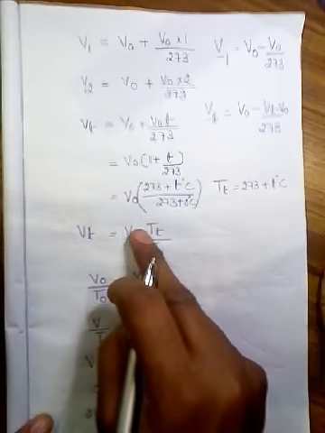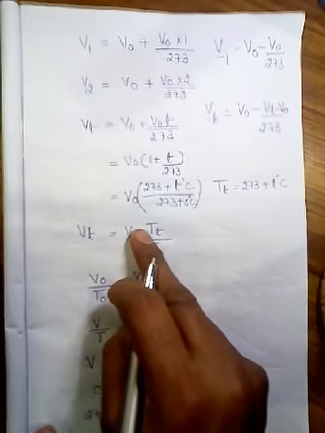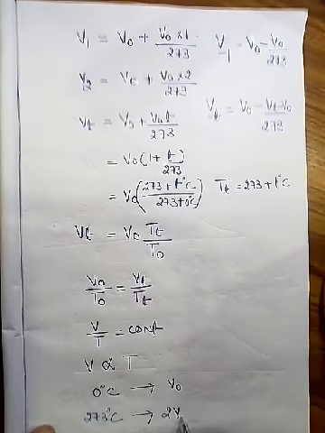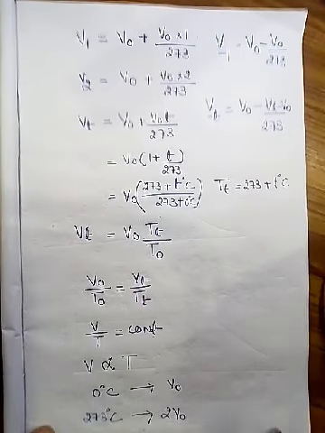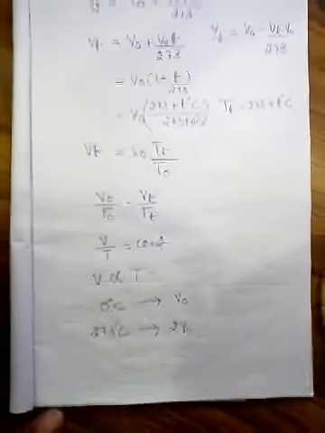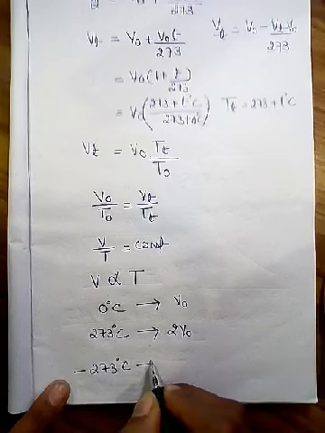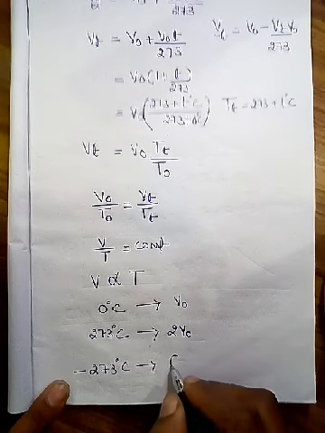So 273 cancels and we get 2V0. So it will be double the volume at 0 degree Celsius. Now at minus 273 degrees Celsius, volume will be 0.